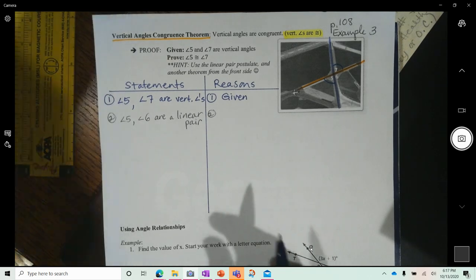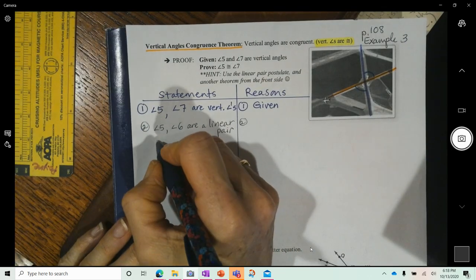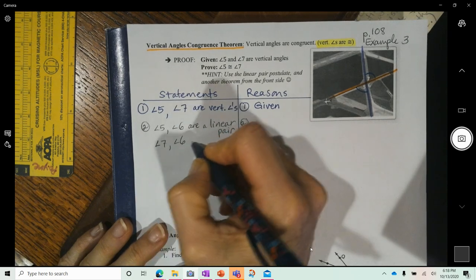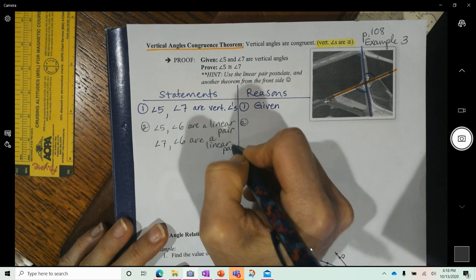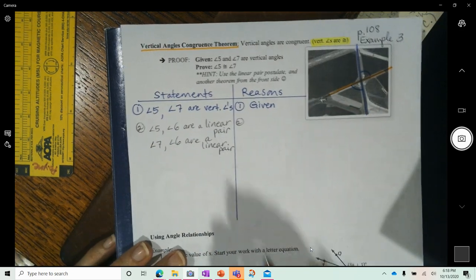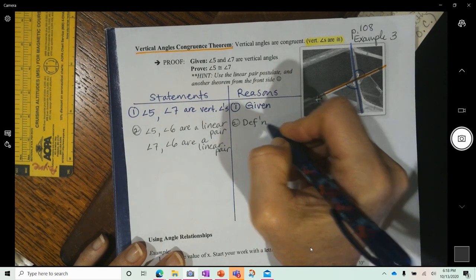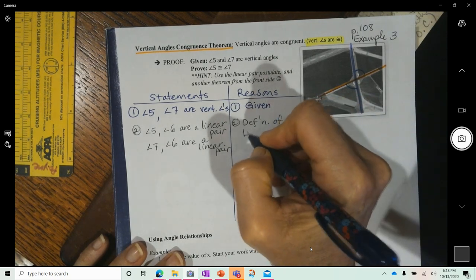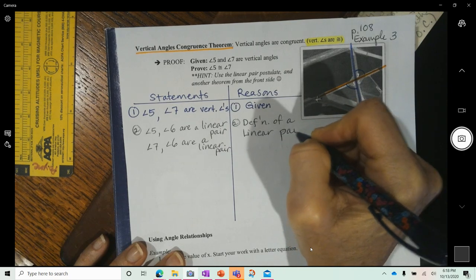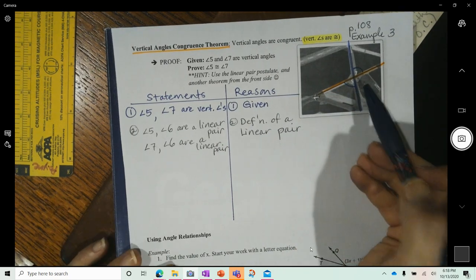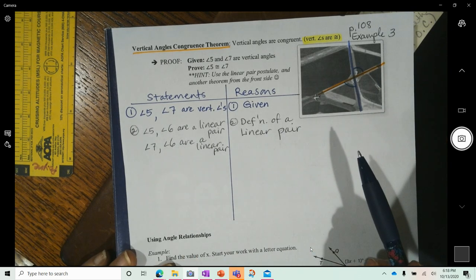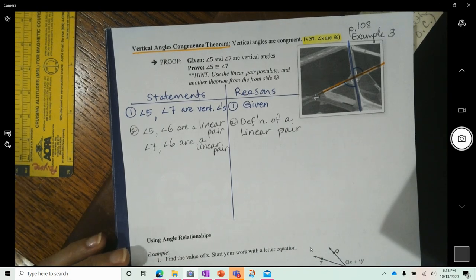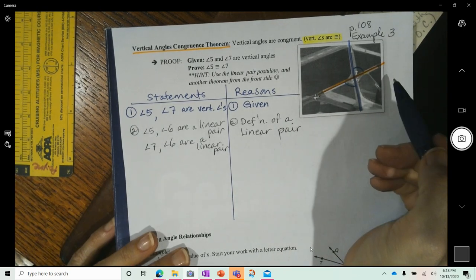So on the same line, I'm going to write that angle 7 and angle 6 are also a linear pair. I should have gone over just a little bit more, because that is the definition of what we call a linear pair. Just a straight line of 2 angles. Now you may actually be seeing, because we did in our notes on Tuesday something just like this, only the angles were like this.